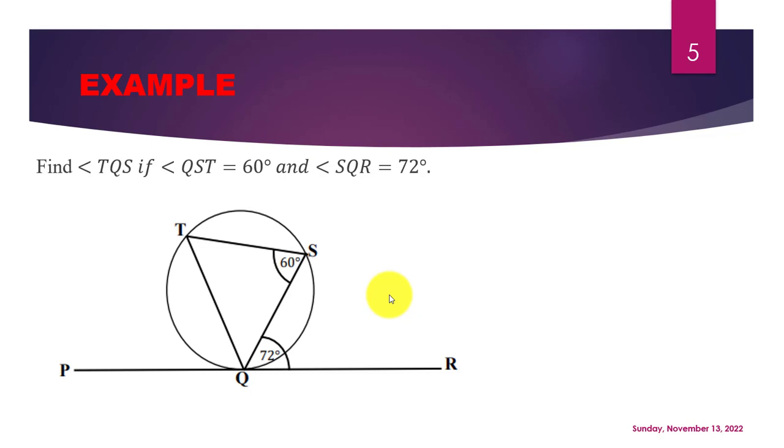So watch the diagram carefully. This is angle QST, which is 60 degrees, and angle SQR is equal to 72 degrees.